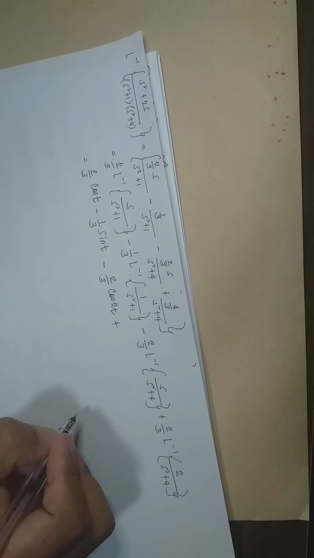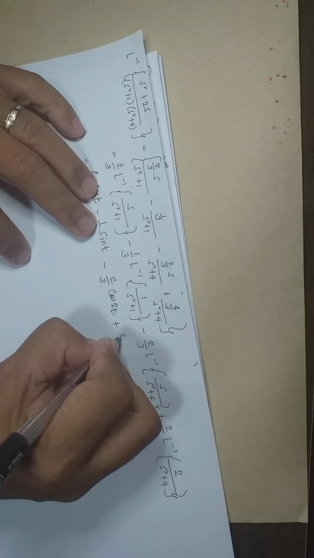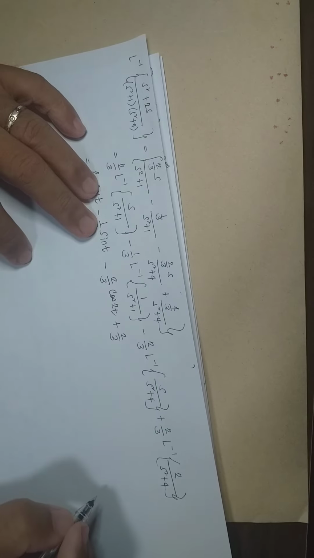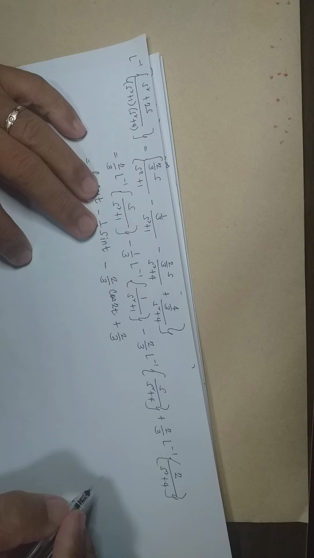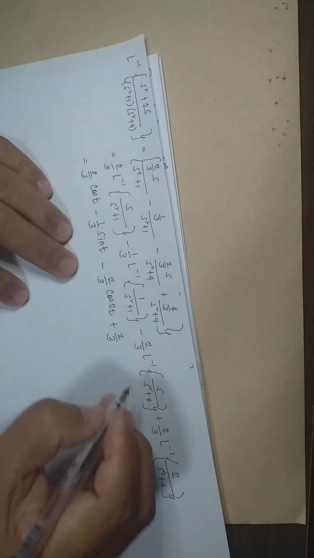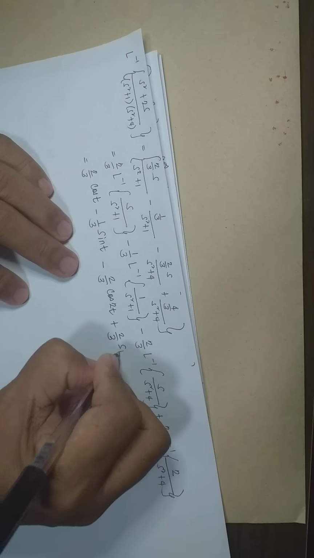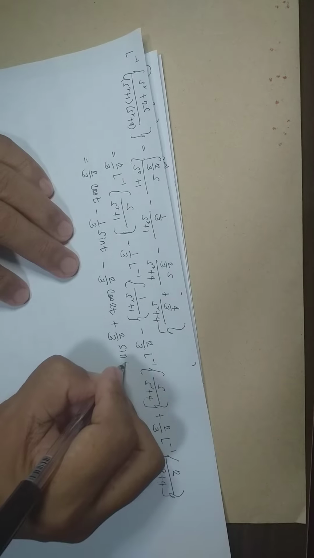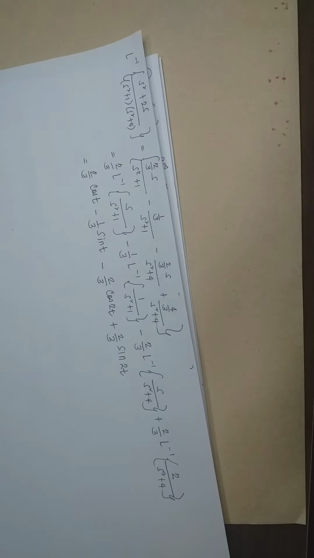Plus 2/3 the inverse Laplace of a over s squared plus a squared, that is equal to sine of 2t.